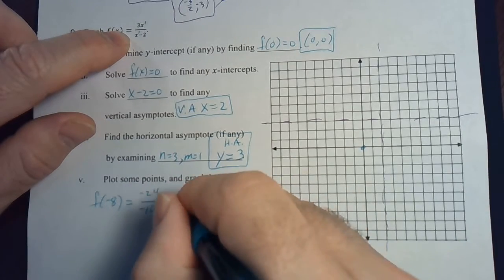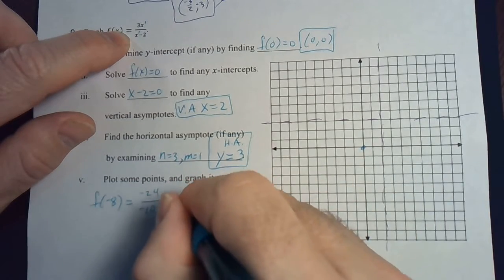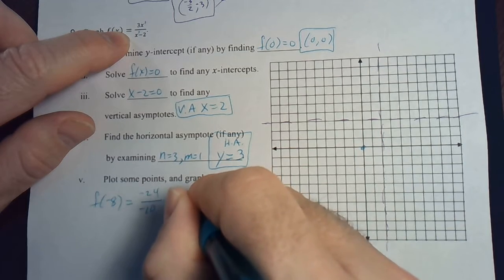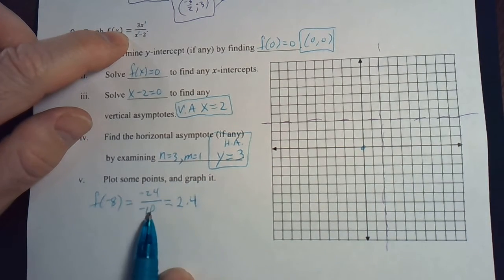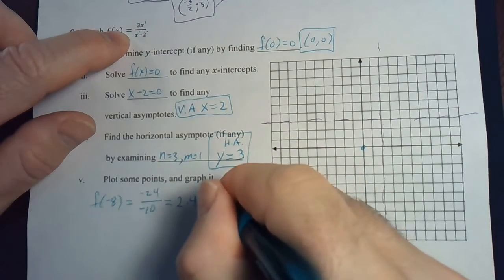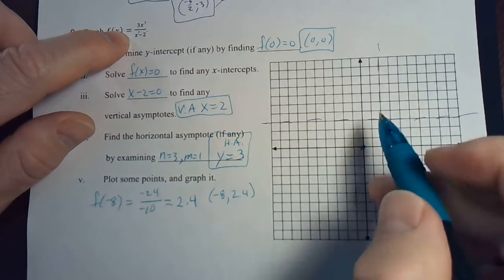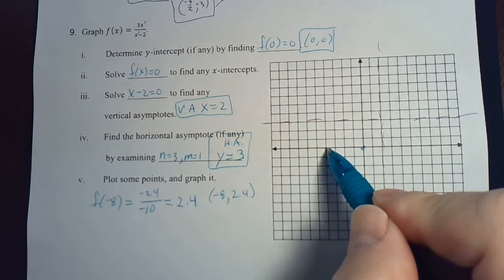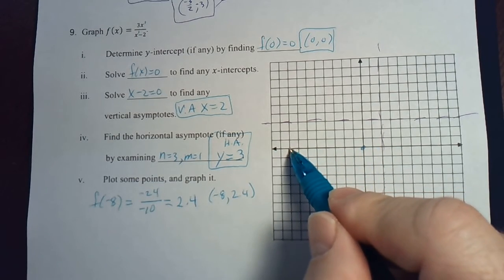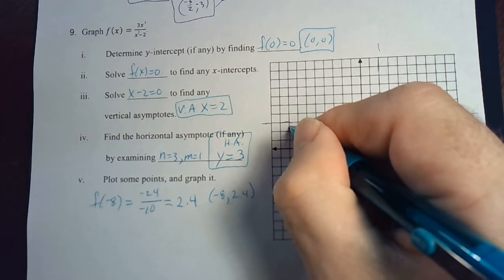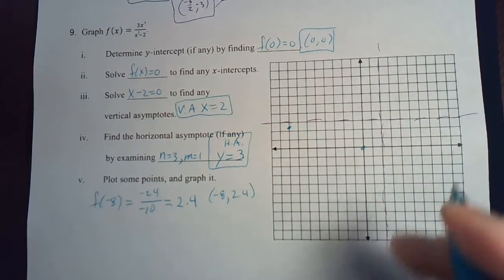And that's equal to positive 2.4. I'll use a decimal this time. So we get negative 8 comma 2.4. 1, 2, 3, 4, 5, 6, 7, 8. And if we go up 2.4, that's about right there.